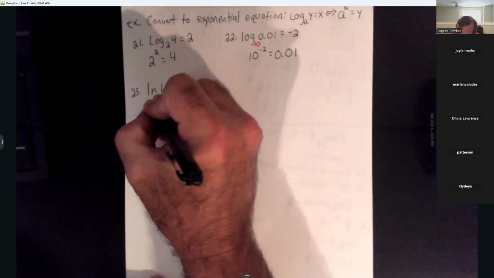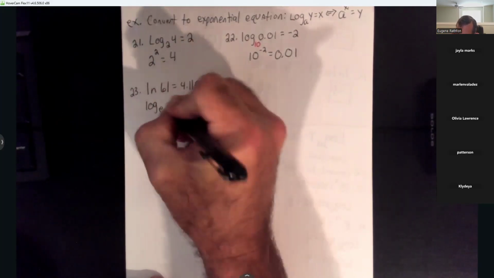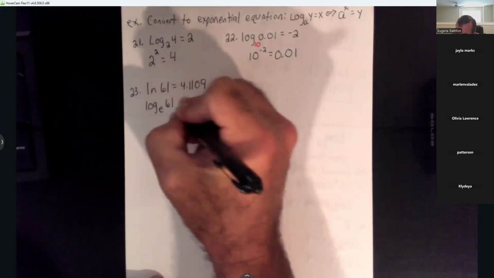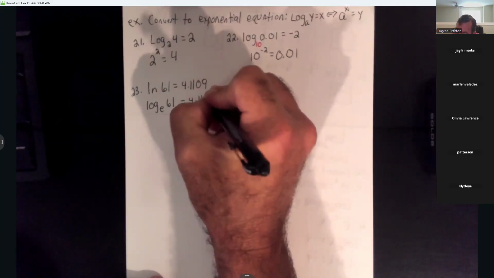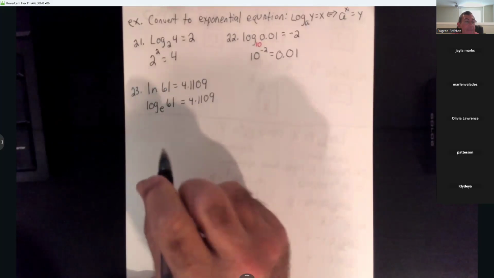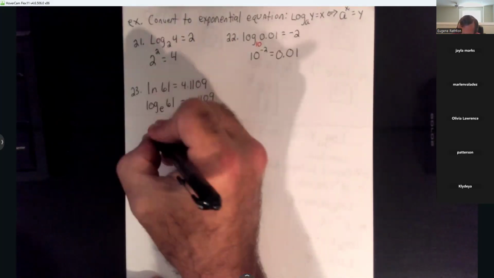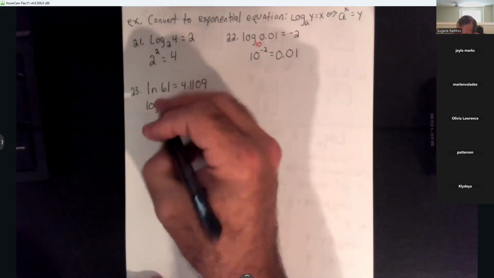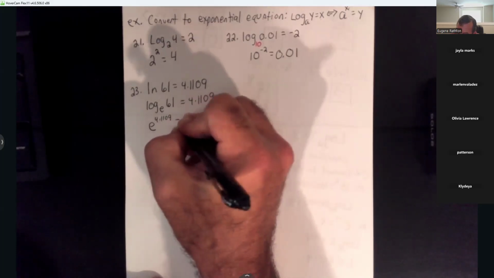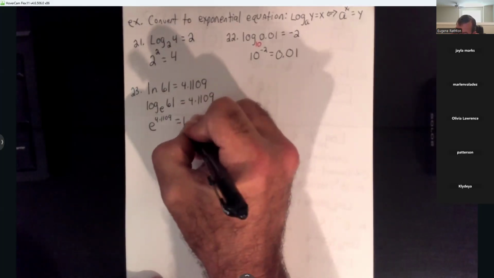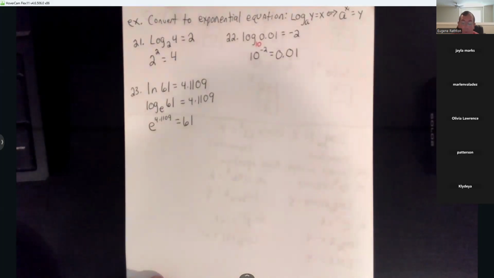This is really a log base e of 61 equals 4.1109. So your base is an e, exponent is the 4.1109, and that's going to equal the result of 61.